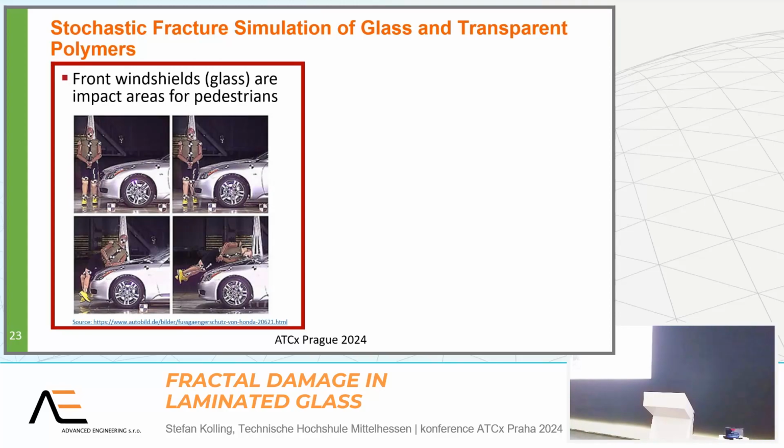First contact is the leg, then you wrap around the hood, and independent of the size of the person or of the car, the head hits the bonnet or the windscreen. So this is what we see here in this slide.